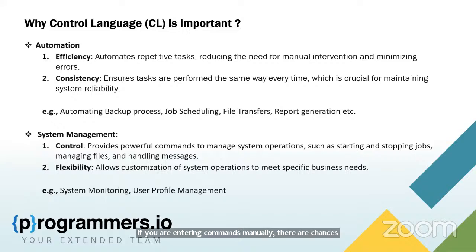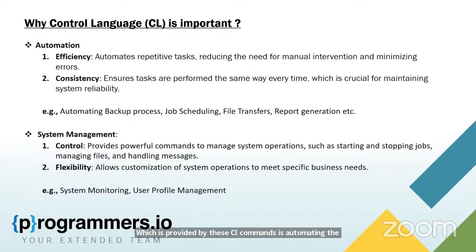So with this, you can create an efficient process, and you can ensure the same set of commands or tasks are performed the same every time. So that will provide you consistency. A few of the examples of this automation, which is provided by these CL commands, is automating the backup process.